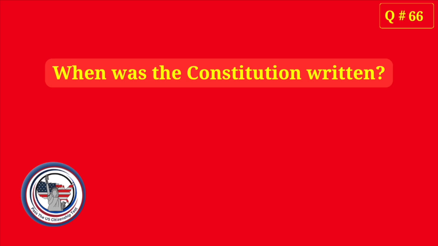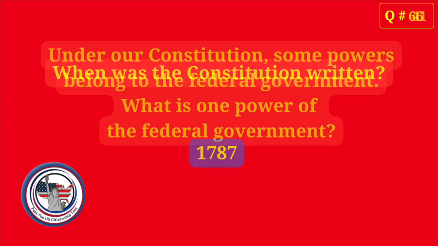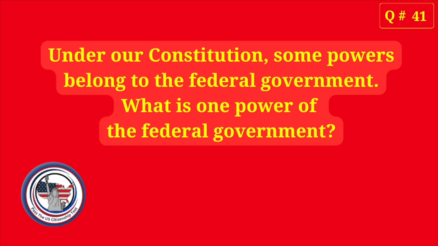When was the Constitution written? 1787. Under our Constitution, some powers belong to the federal government.